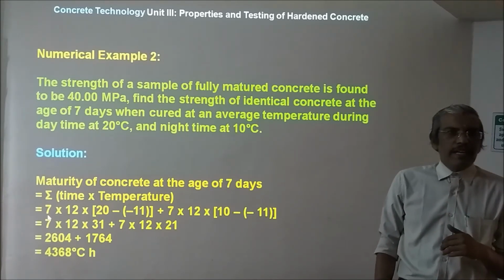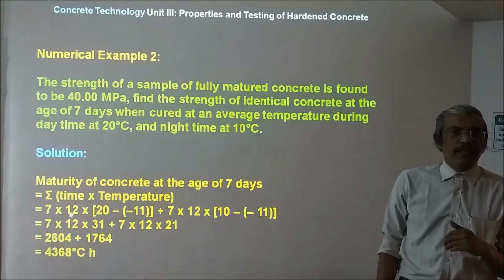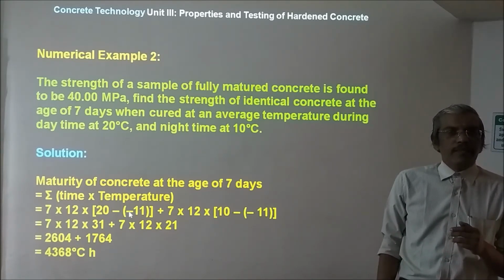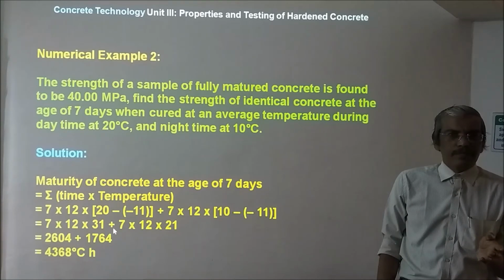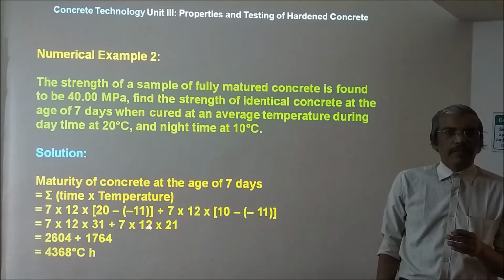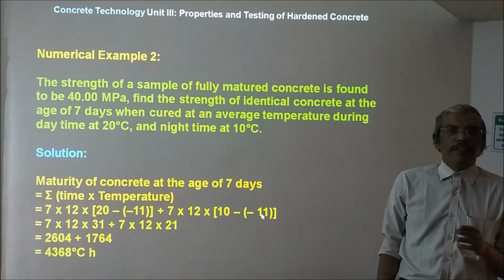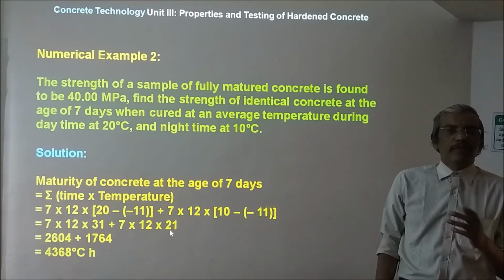In the next step we get 7 multiplied by 12 multiplied by 20 minus 11, which becomes plus 11, so 20 plus 11 is 31. Plus 7 multiplied by 12 multiplied by 10 minus 11, which becomes plus 11, so 10 plus 11 is 21.